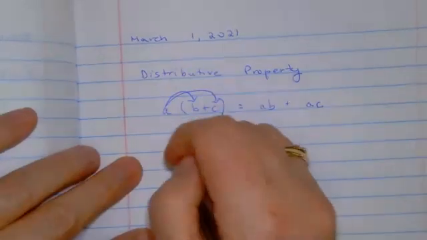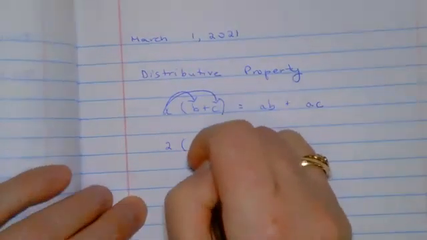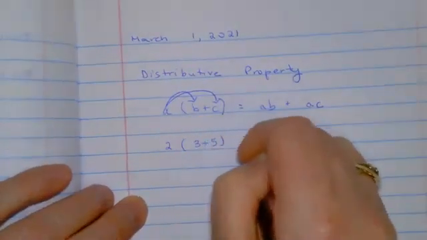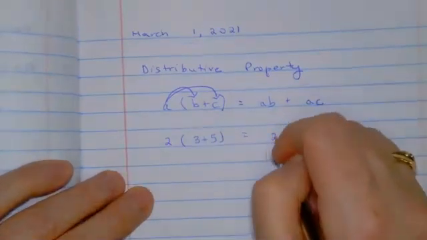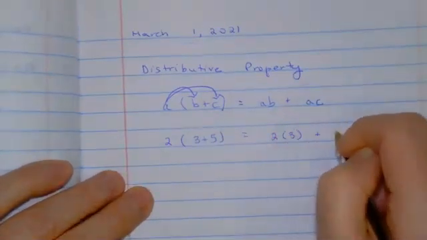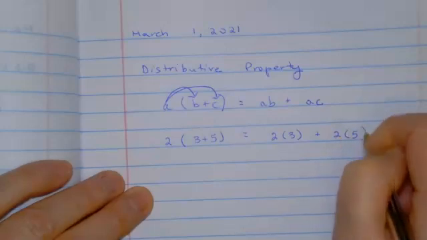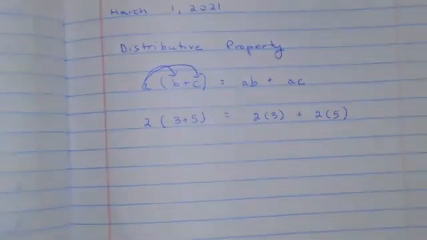We had 2 times the quantity 3 plus 5. So we had 2 times 3 plus 2 times 5.